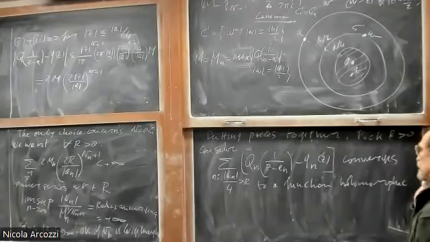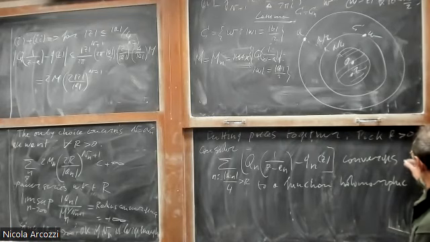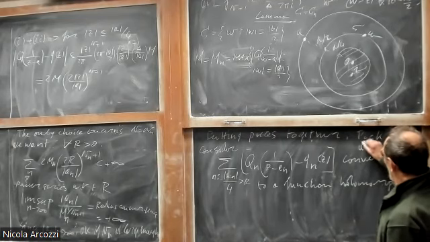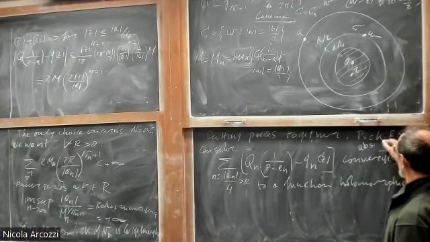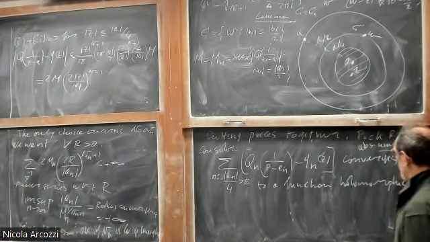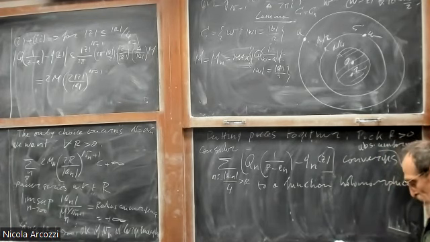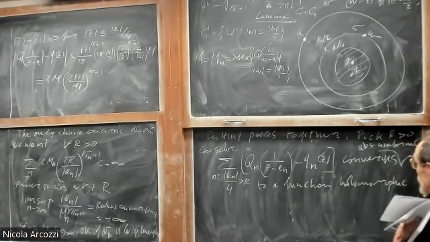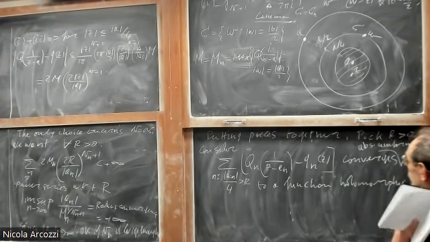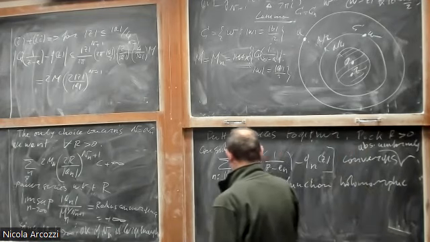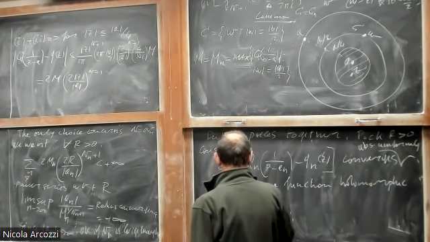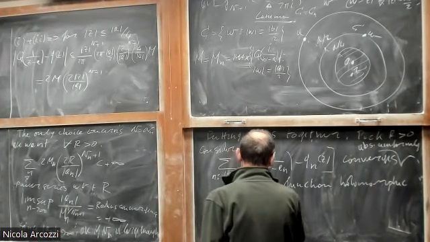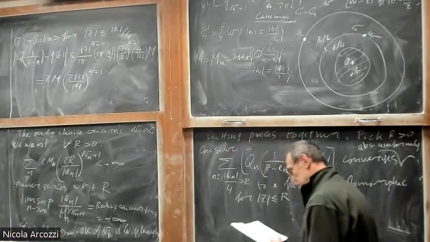So we put the pieces we have done so far together. This converges absolutely and uniformly to a function which is holomorphic for mod of z less or equal than r.